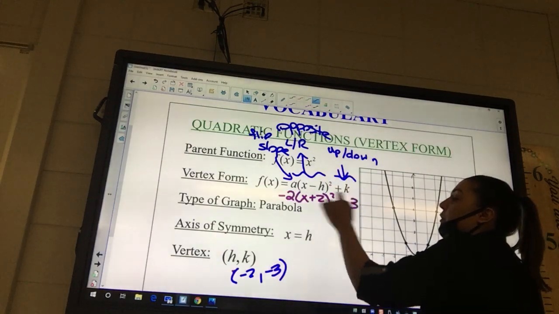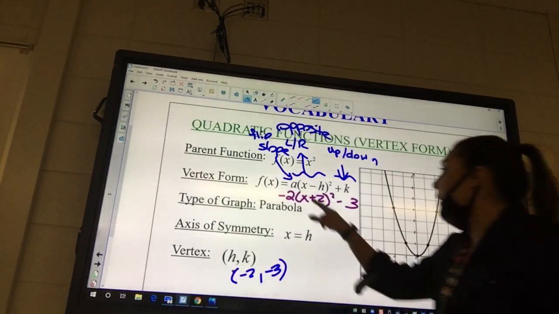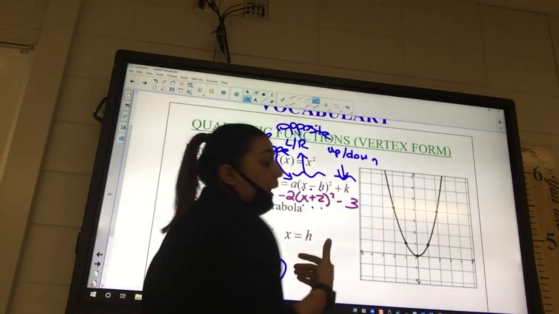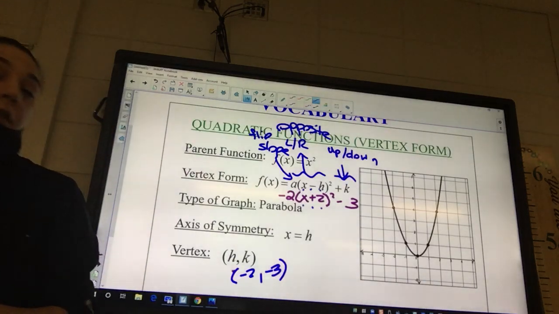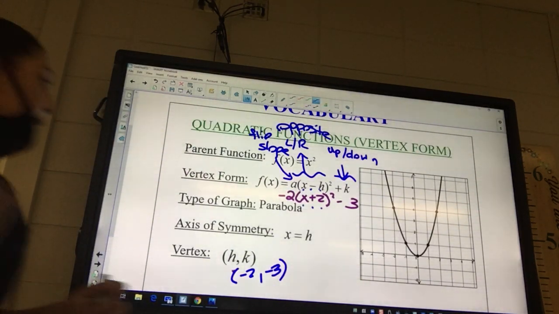Everything matches up. What goes to h here? Well, right here it says x minus h. It's x plus 2. So what is our h value? It's at 2. Okay, but we do the opposite, so the h value is really at -2.